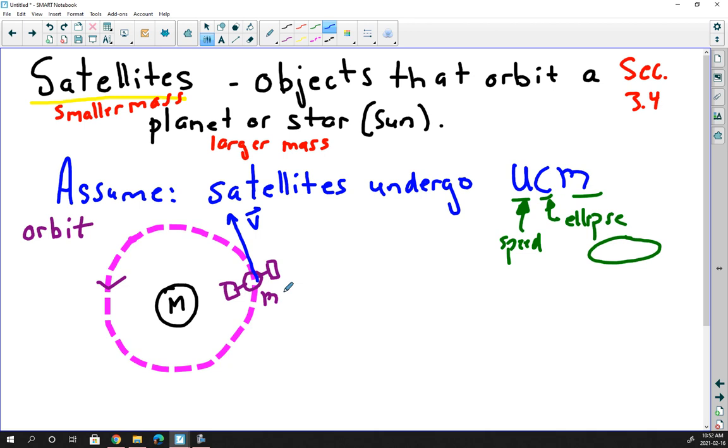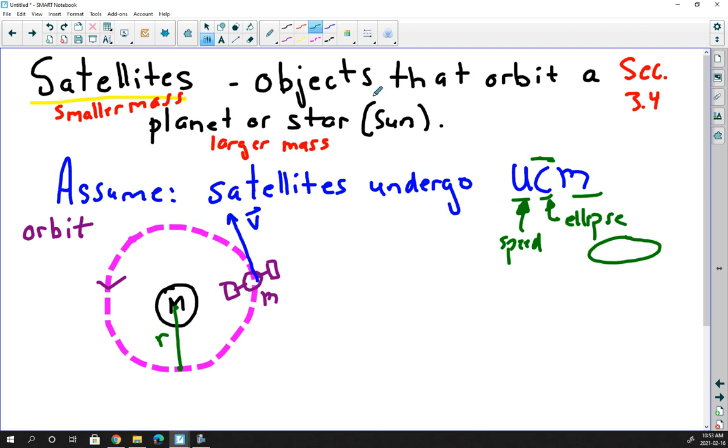The velocity would change because its direction changes while it's in orbit, but the speed would remain the same as it's zipping around here. All right. And the other thing we need to remember is we're going to measure a distance from the center of this star or planet, what have you, out to the orbit, and we're going to call that a radius r because the orbit is circular. That's the assumption we're making.